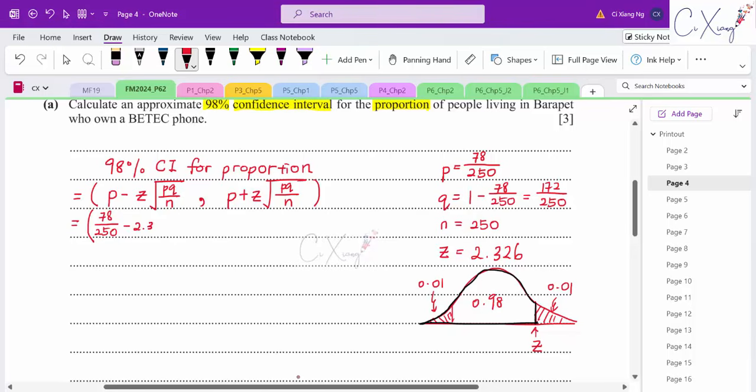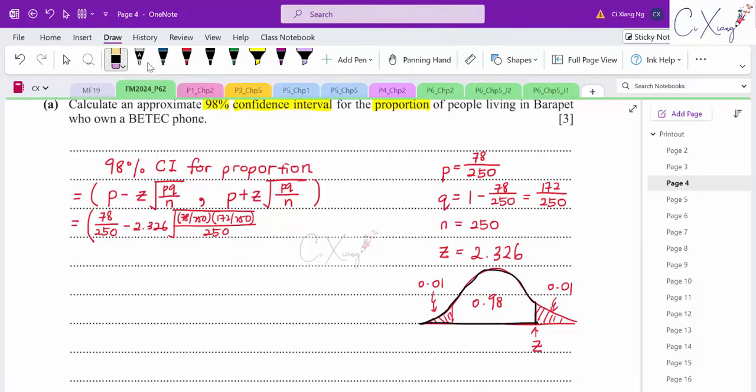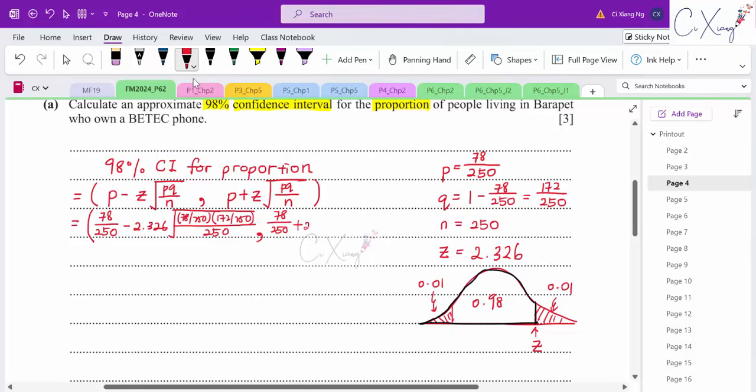So 2.326 times the square root of PQ over N, which will be 78 over 250, then 172 divided by 250, then divided by N, so divided by 250. All right. Okay, and then the next one is the same upper limit, just that you change the sign to a plus.